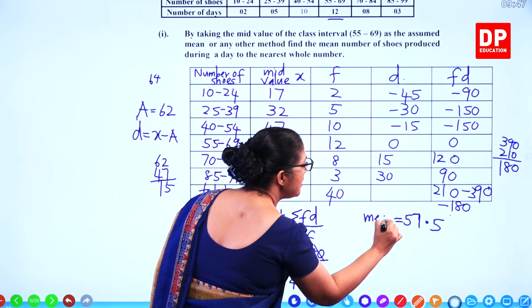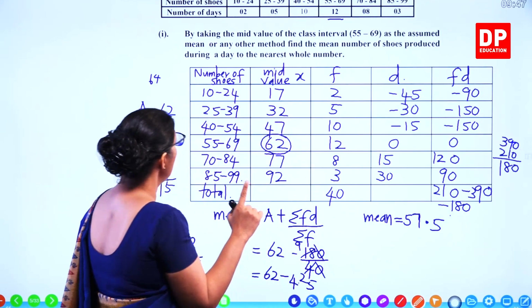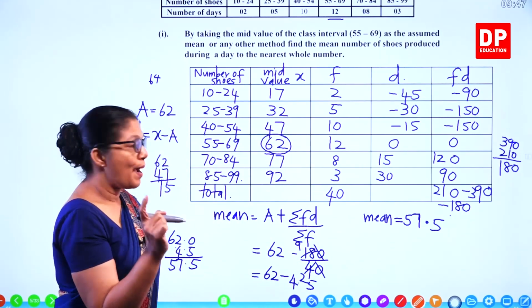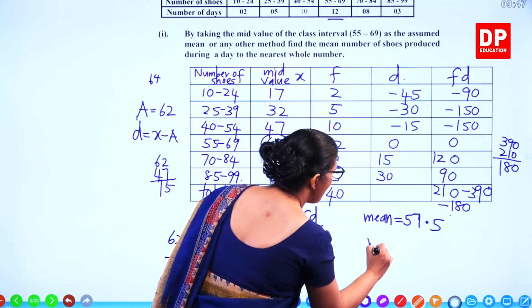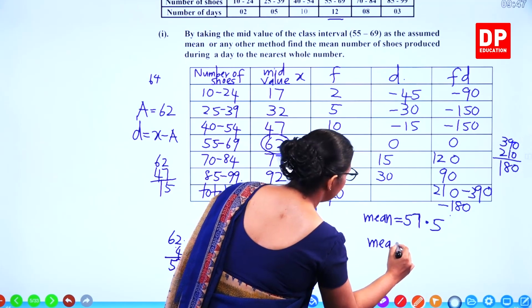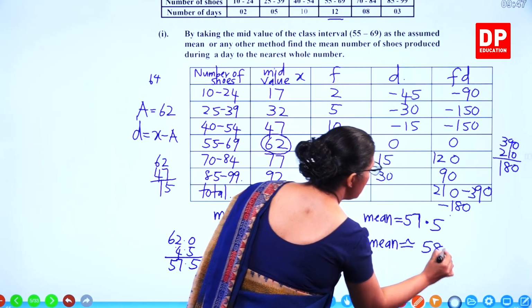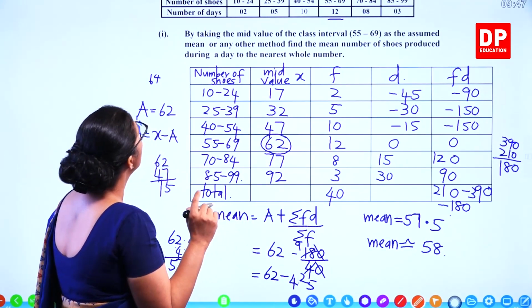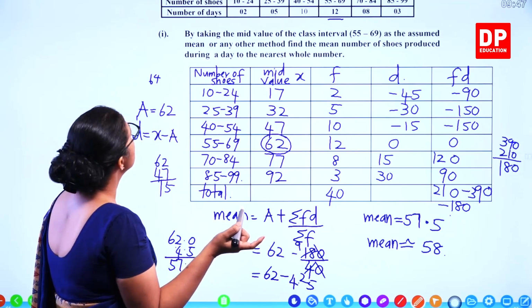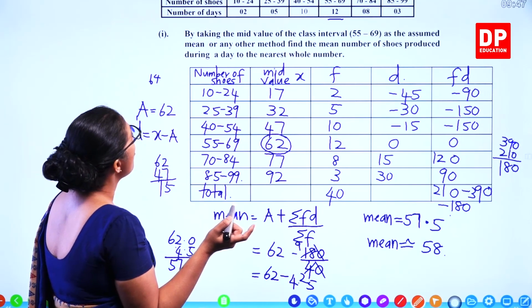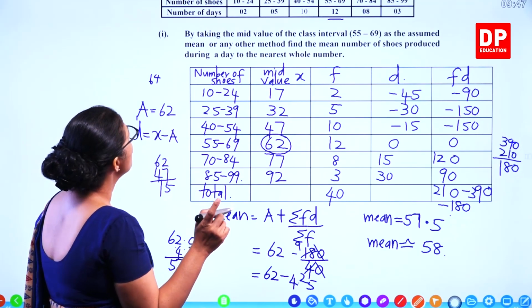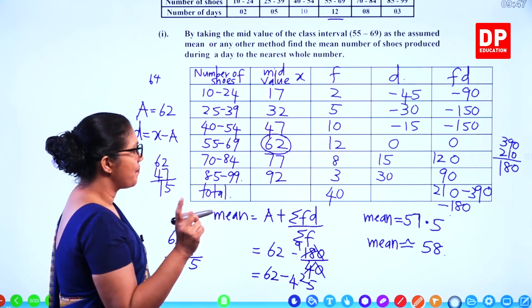But we need to find out the value to the nearest whole number. So the mean number of shoes is equal to 58. By taking the mid value, so this is the mean number of shoes produced per day.